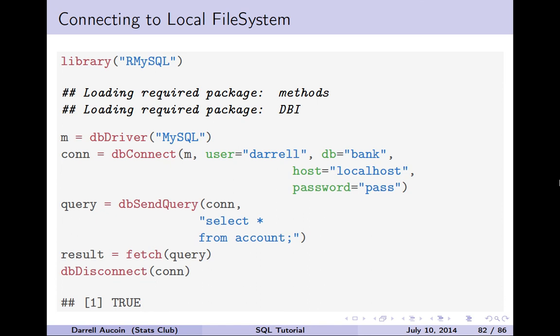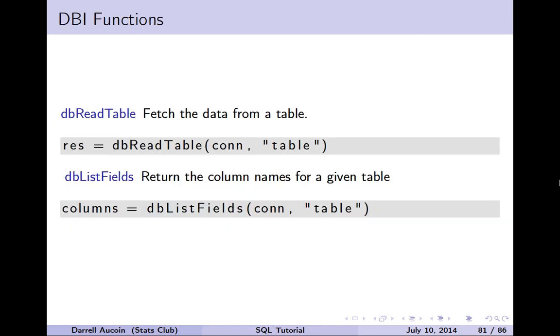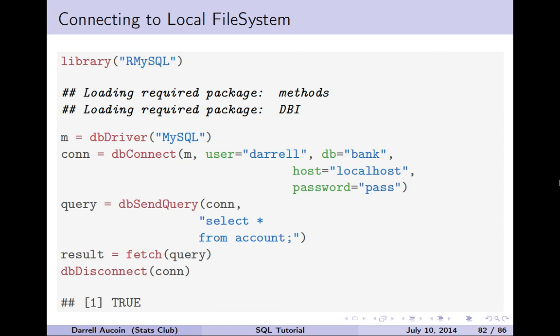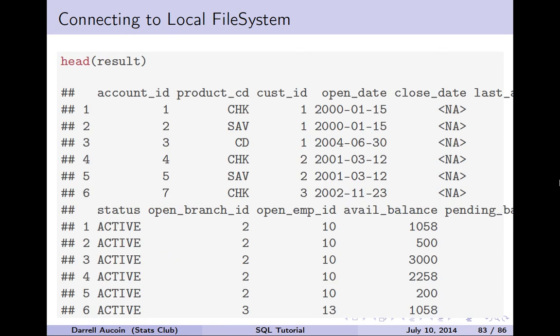Send the query to get the number from account, and then fetch it, then disconnect, and when we do head, we just get the first couple entries of it.